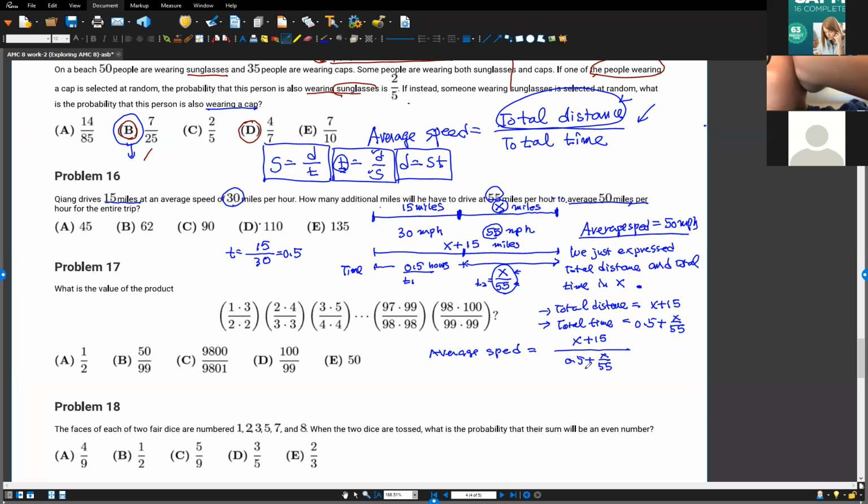That is average speed. But this average speed should be equal to this number, 50 miles per hour. Okay, you need to understand what the question is. For the entire trip, the average speed should be 50 miles per hour. You have to solve this equation.